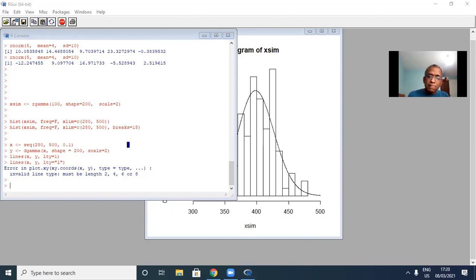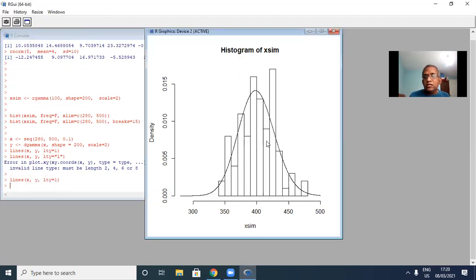It takes numerical values, 1, 2, 3. It shouldn't be confused with type. Type could be L, where L stands for line. But LTY is different from type. LTY must take numerical values like 1, 2, 3, etc.